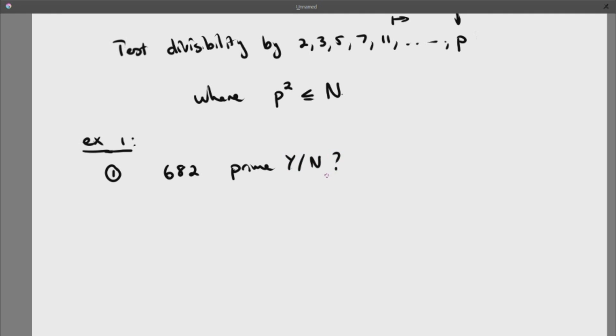Regardless, I have to test 682. Prime, yay or nay? Nay, why not? So we want to give a yes-no answer and a reason. It's divisible by 2. And my divisibility test checks that very easily.